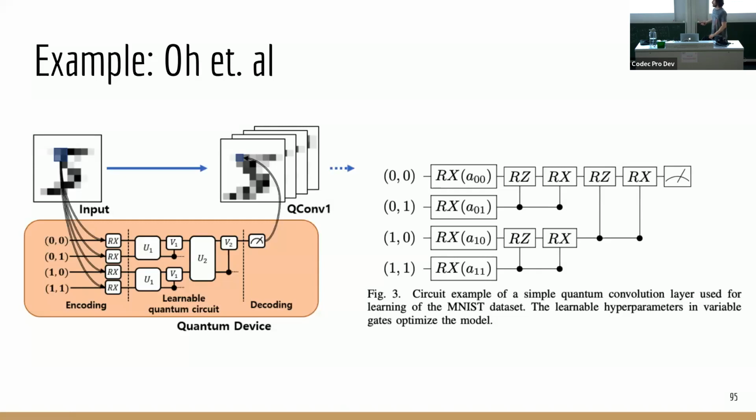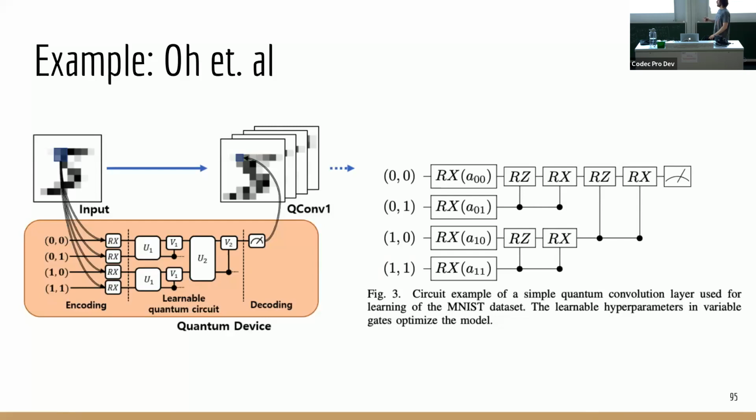What they did was they passed the input images, these grayscale images, first into a quantum convolutional layer. And so here is a diagram just from their paper where they describe the architecture of this quantum convolution.